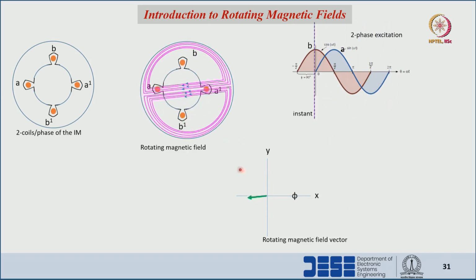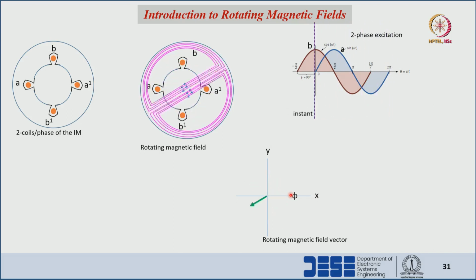That is what we can observe from these three figures. This figure represents the magnetic fields, this figure represents the currents, and the last figure represents the resultant vector on an xy plane. We can see here it is rotating.